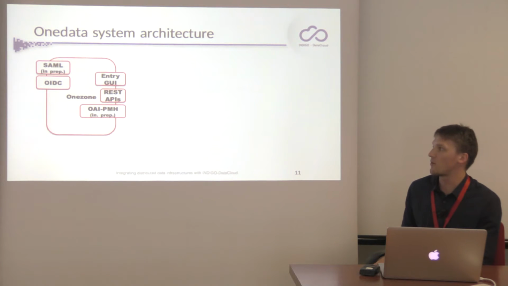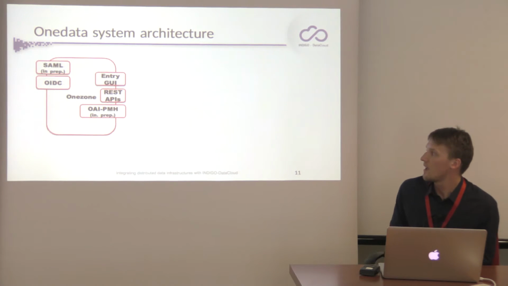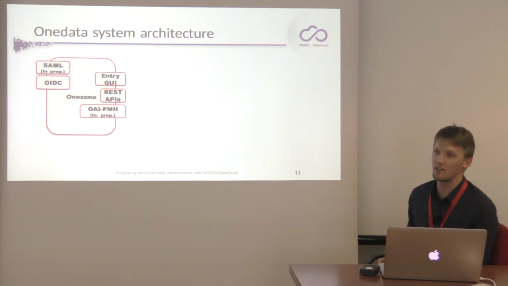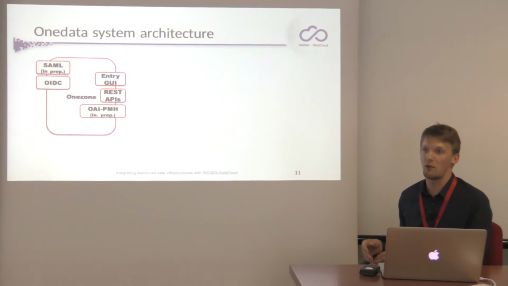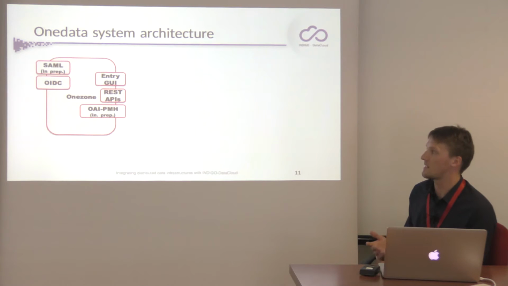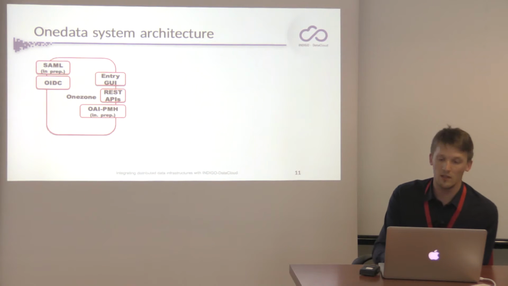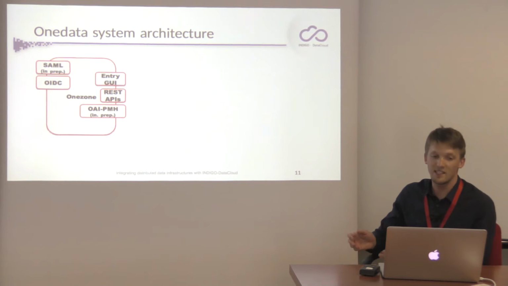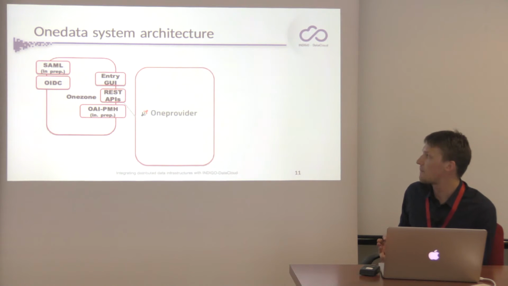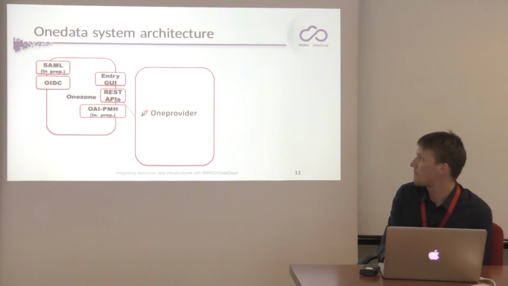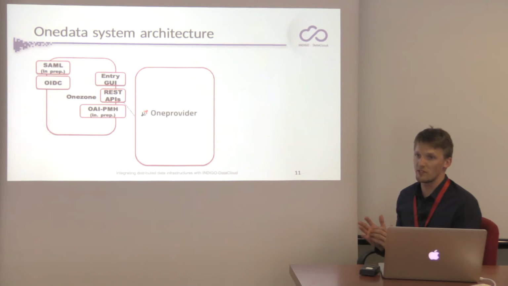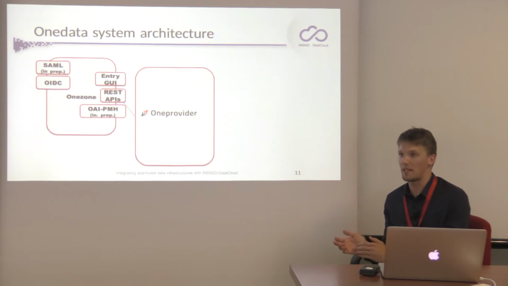The other interfaces provided by Onezone are REST APIs, and in preparation we have the Open Archives Initiative protocol for metadata harvesting for the open data integration, which I will talk about in the last part of the presentation. So while the GUI is used by users to log in to the Onedata system, the REST APIs are mostly used by the Oneprovider. So the Oneprovider uses the APIs to fetch data about users logged into the system that currently use spaces supported by the provider.